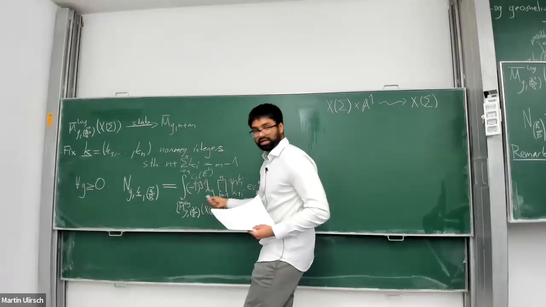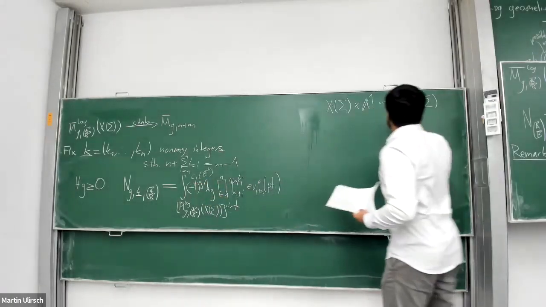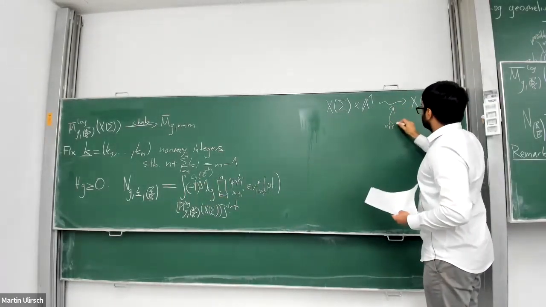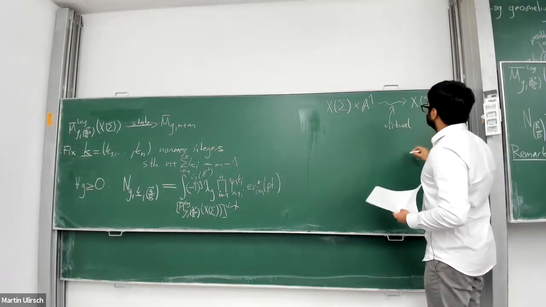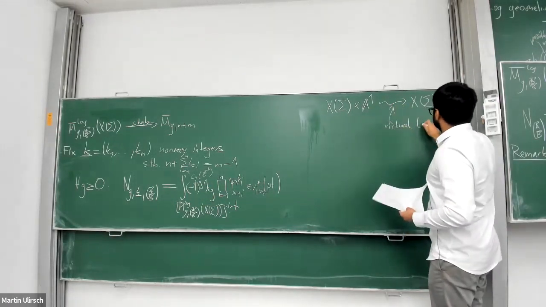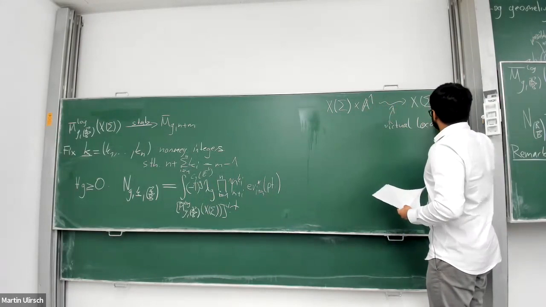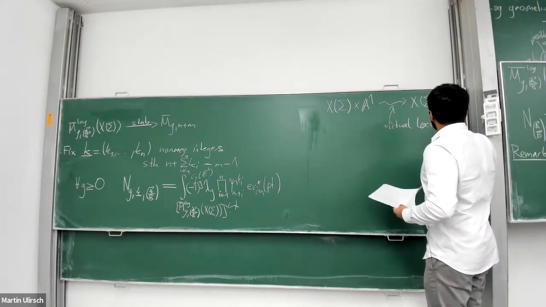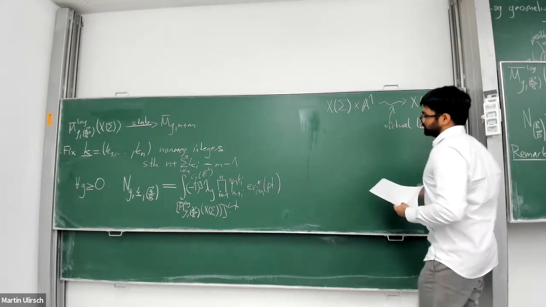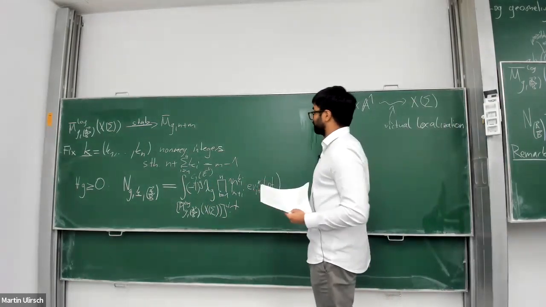This is exactly this factor here. That follows from the virtual localization in the A1 direction. These are actually invariants of a threefold.